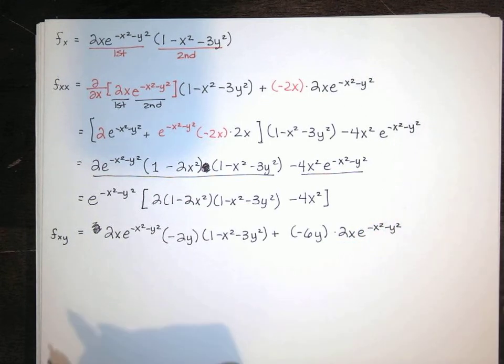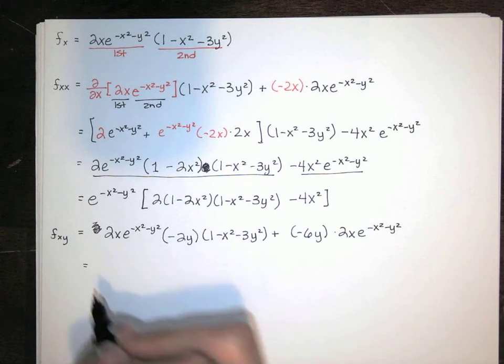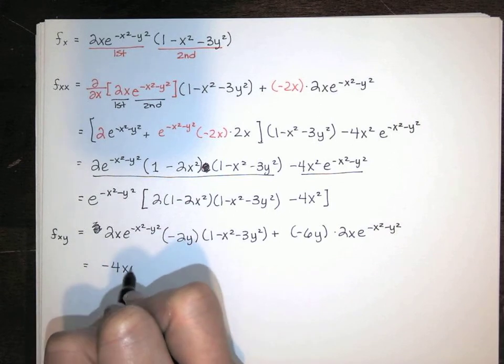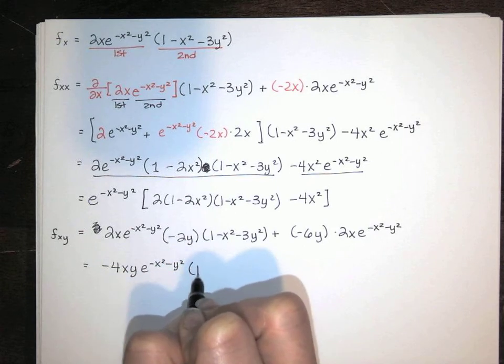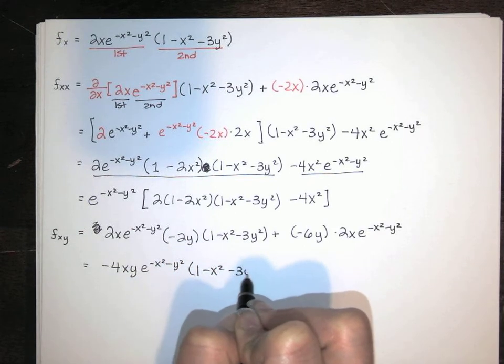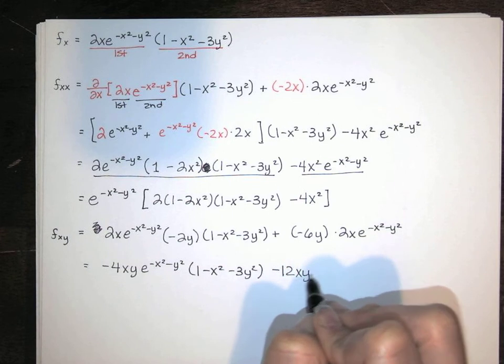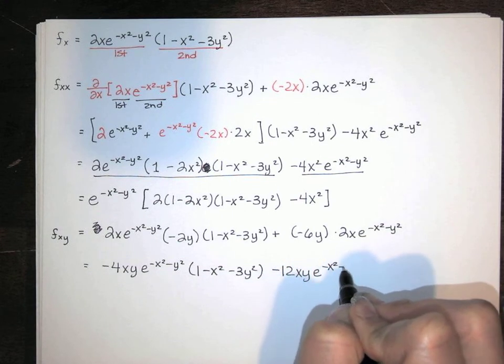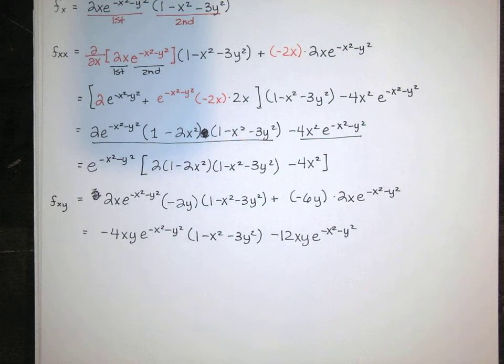Okay, let's simplify this a little bit. I've got a negative 2x and a negative 2y, so that's negative 4xy times the exponential times this quantity. And over here I have a negative 12xy times the exponential. And if we want, we could factor further. I think I will factor just a little bit more.